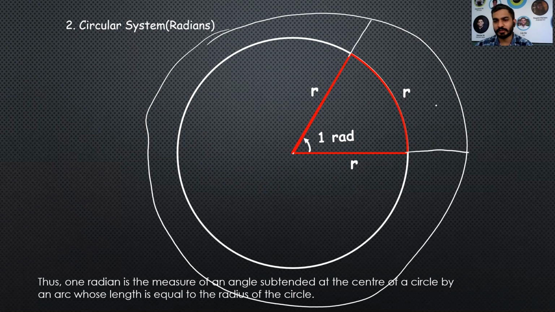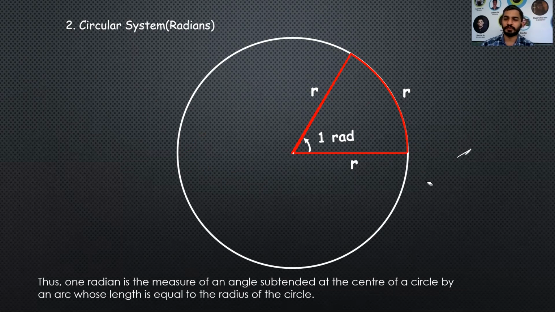As the radius increases, the length of the arc will also increase. Suppose this is capital R, this is also capital R, but the angle will remain the same. So radian measurement of an angle does not depend on the radius of the circle.